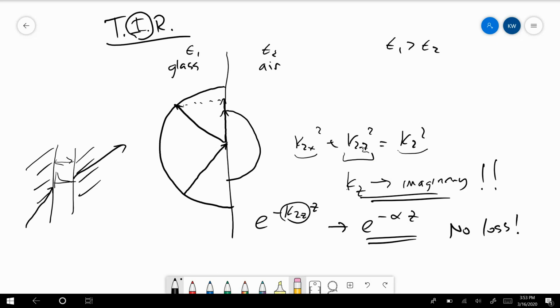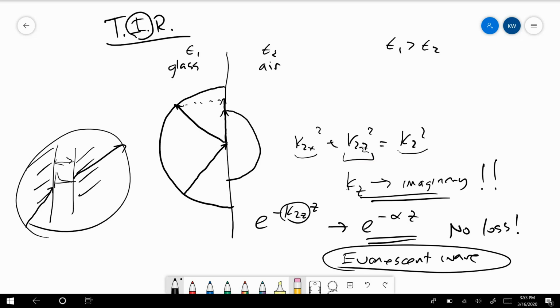So if you've ever heard of quantum tunneling, particles going through some kind of a barrier they shouldn't be able to penetrate based on classical physics, that's really related to total internal reflection in this idea of an evanescent wave, which I'll write out just so you can see the word written out. So that's an evanescent wave.